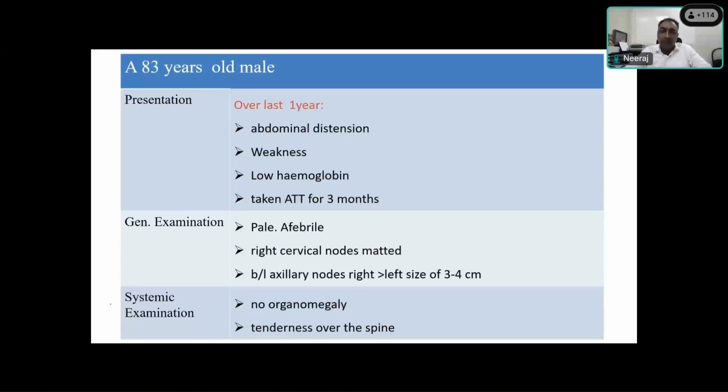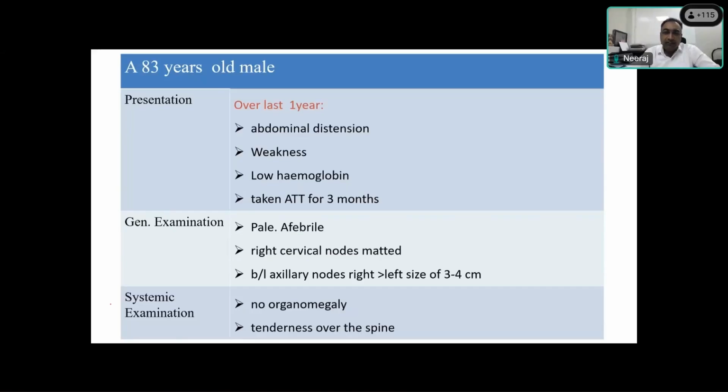So this is case 2, and what Prashant has done is he has touched upon the multiple myeloma part and explained the various criteria. So moving further, this was an 83-year-old male who presented over the last year with abdominal distension, weakness, low hemoglobin, and was taking ATD for 3 months.